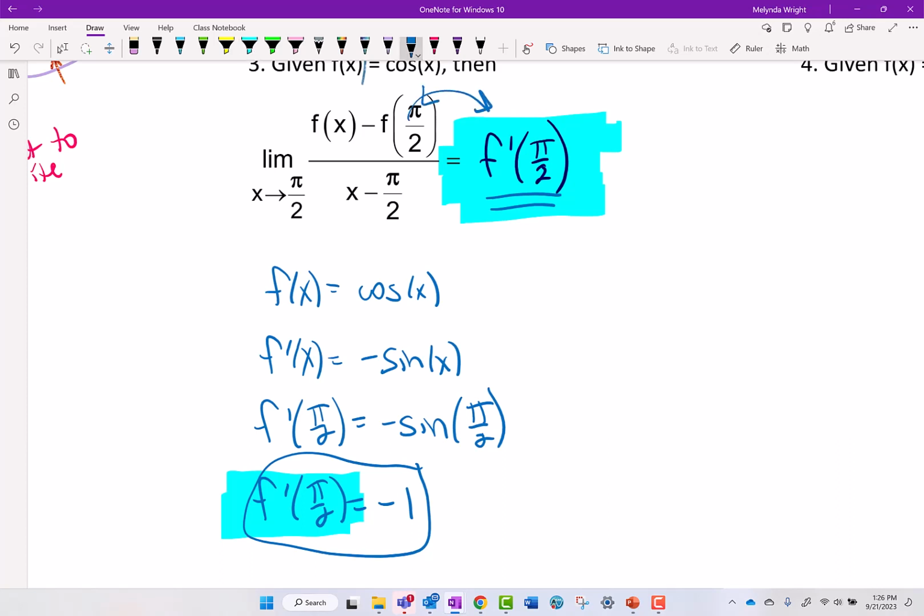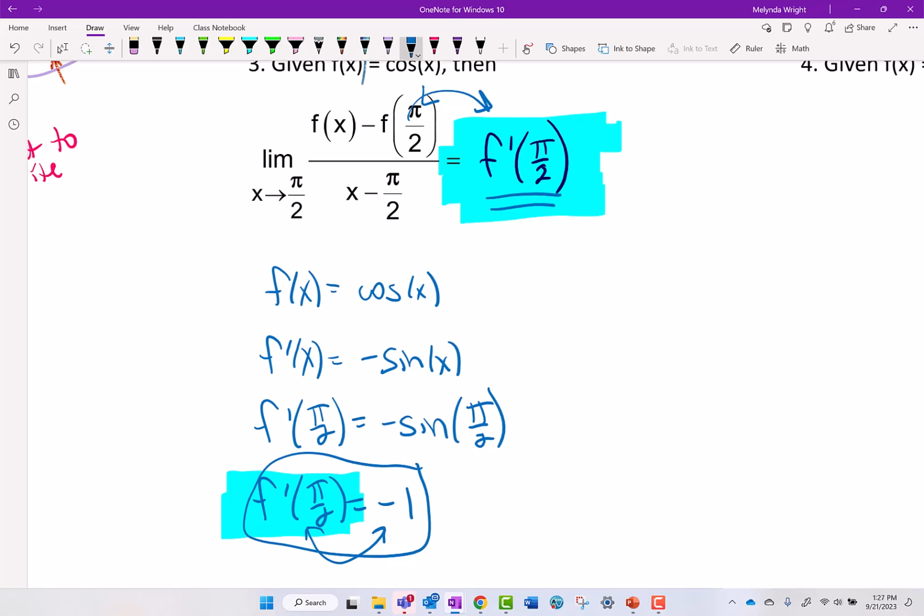That limit is going to give me f prime of pi over 2, and f prime of pi over 2 is negative 1. Therefore, that limit answers negative 1. You with me? It's kind of like the transitive property. Y'all remember that from a long time ago? If this equals this and that equals that, then the other, that kind of thing. That's what we're doing here.